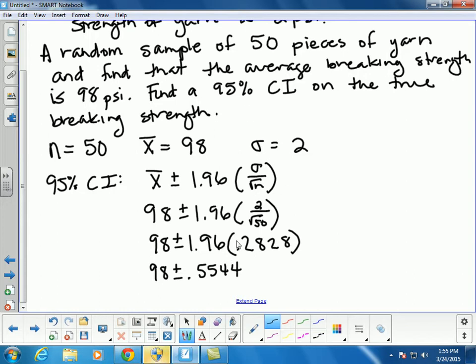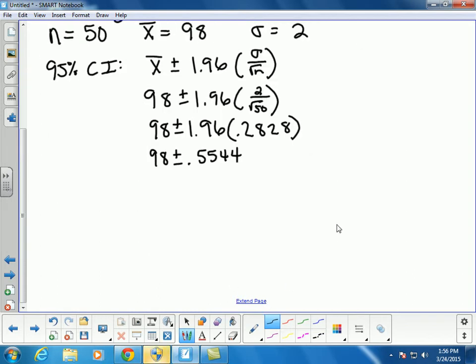It should be noted that this indicates we really have two calculations: 98 minus 0.5544, and 98 plus 0.5544.